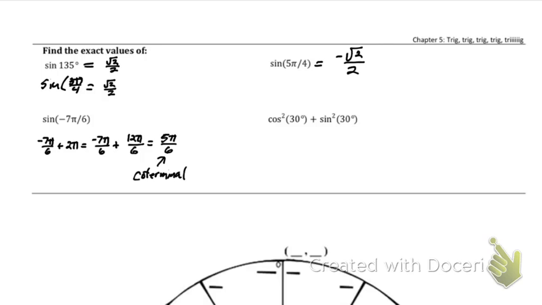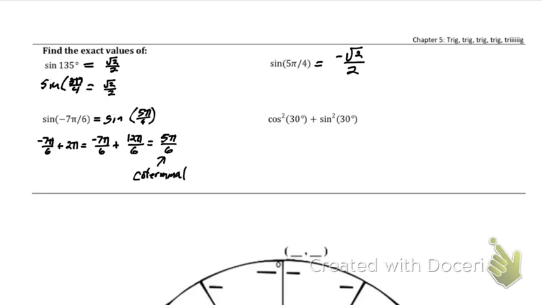Remember how in both homeworks we had to find the least positive coterminal angle? This is what it's for. It's so we can put it all on that unit circle we just created. No matter what angle I give you, you can add 2 pi, subtract 2 pi, add 360, or subtract 360, and you will get to this. So negative 7 pi over 6 is the same thing as sine of 5 pi over 6.